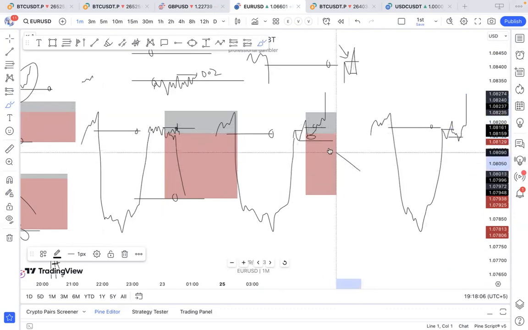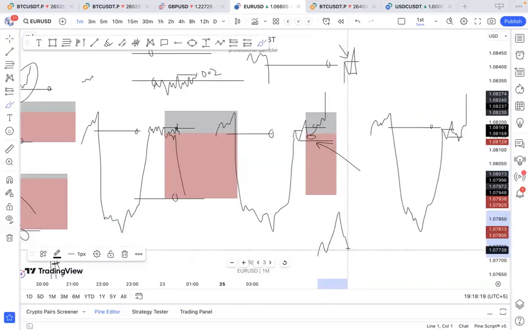Right? So in this case there are two cases. First of all, it holds the lows, and then it simply moves up. On the lower time frame it looks like a quick move down, but it starts to stall here.